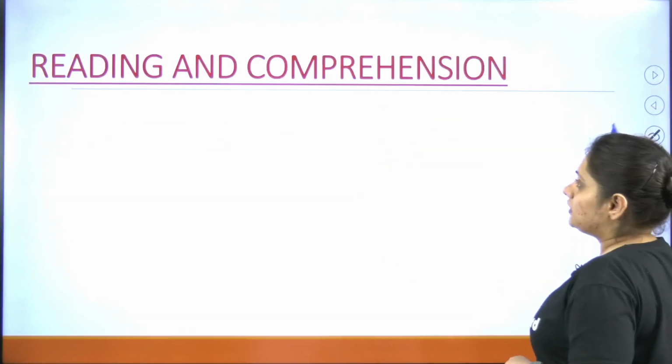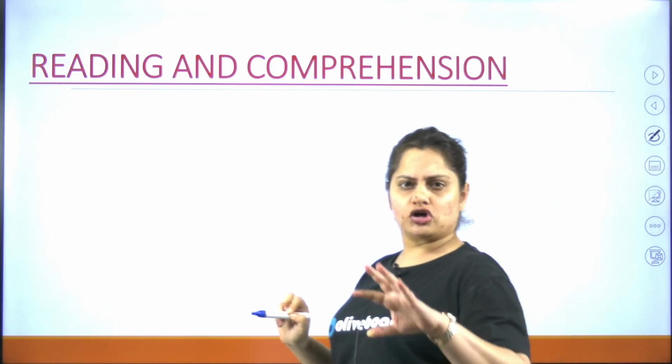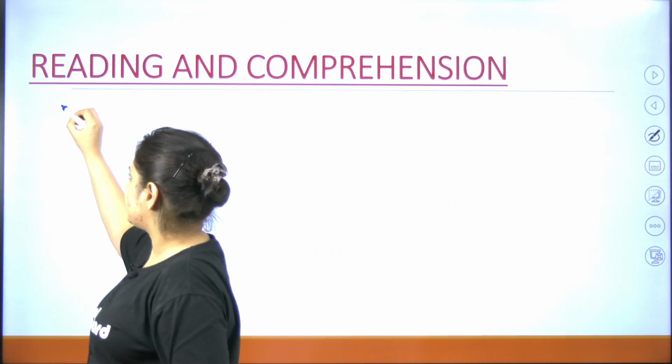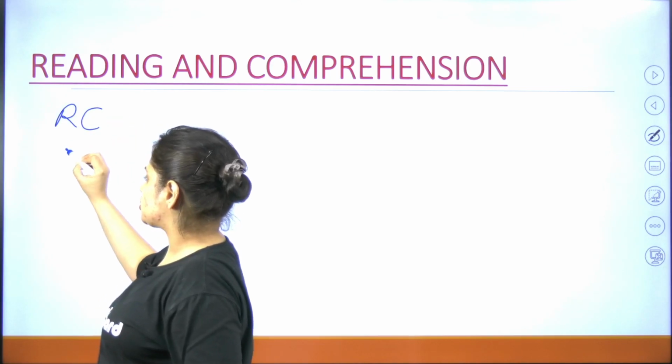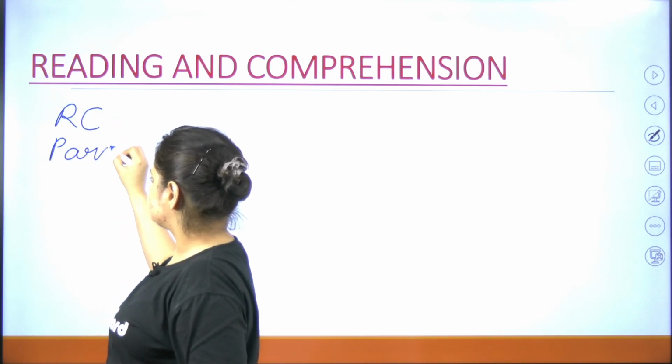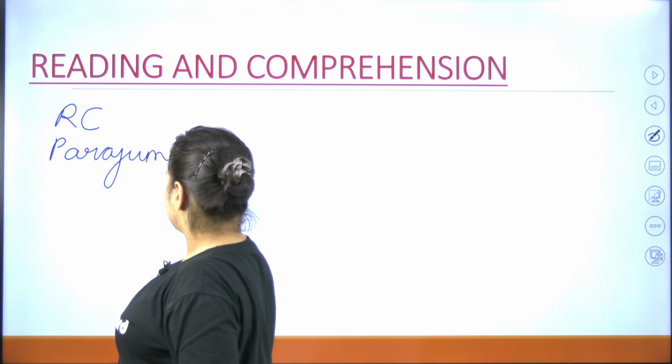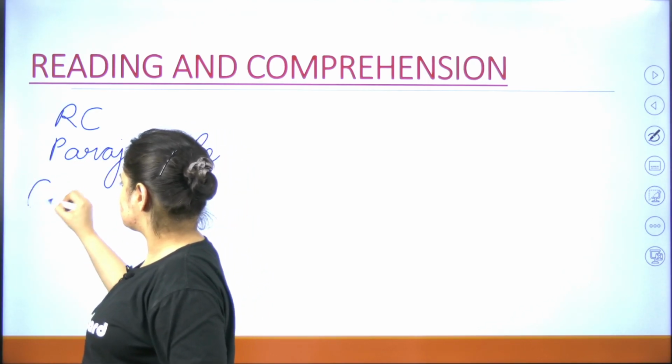Coming to the next part, we have reading and comprehension. Now all your questions related to context, like RC, a major weightage question. Then we have para jumble, then we have cloze test.